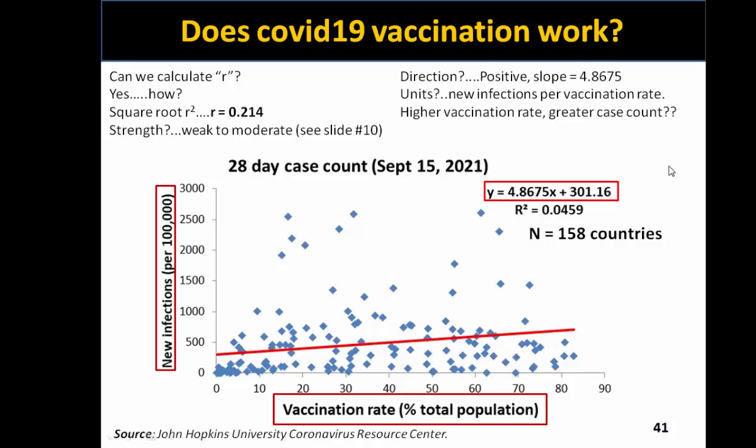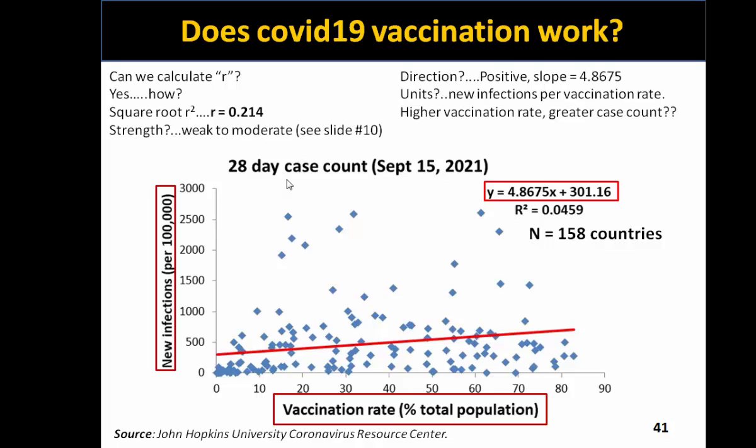So with interpreting these data, we have a positive correlation, a positive R of 0.214, and now we interpret this being a positive type of relationship. So this tells us that among 158 countries, the countries that had a higher vaccination rate demonstrated a greater new infection count for the previous 28 days.